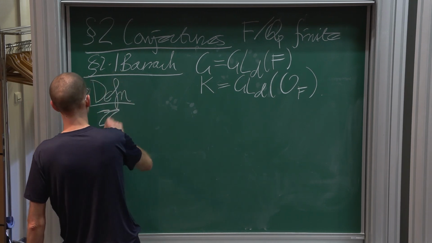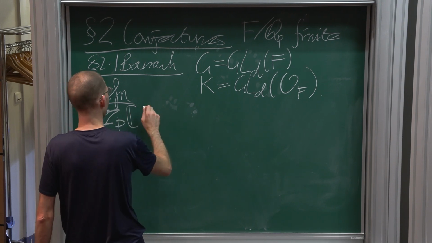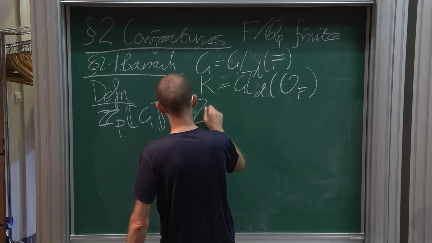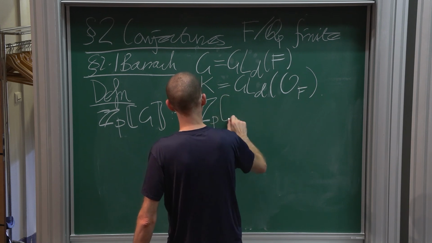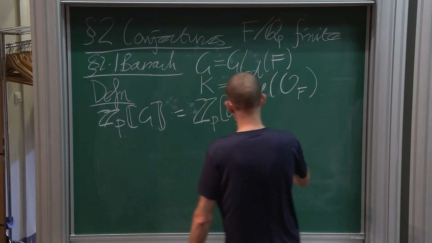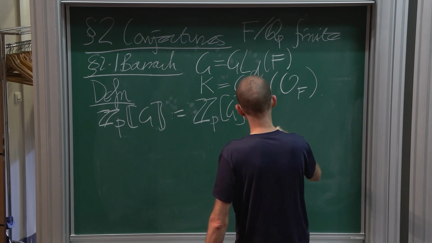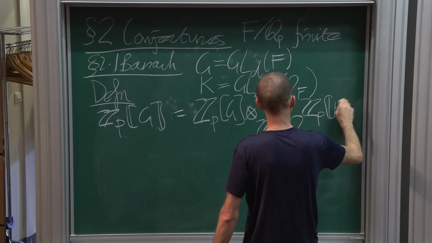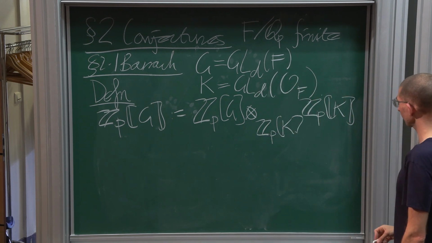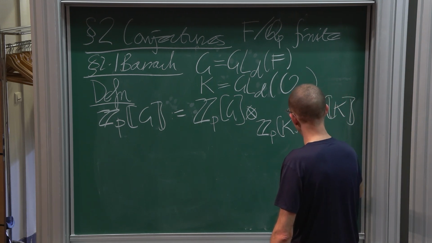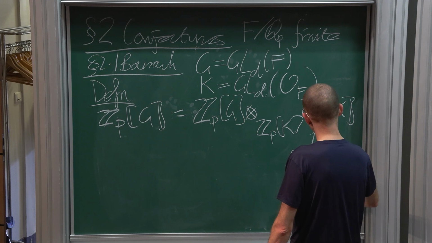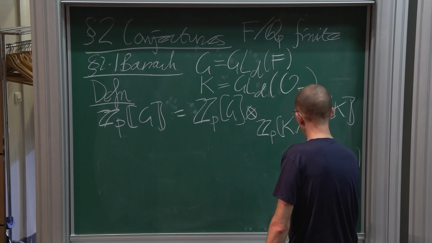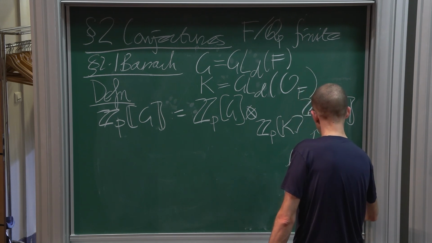So, definition: I want to talk about some kind of completed group ring for G. This is slightly non-standard notation, but by definition you take the group ring for G and you tensor over the group ring for K with the usual completed Iwasawa group ring for K. This is just the usual inverse limit of the finite group rings where you run over open normal subgroups.